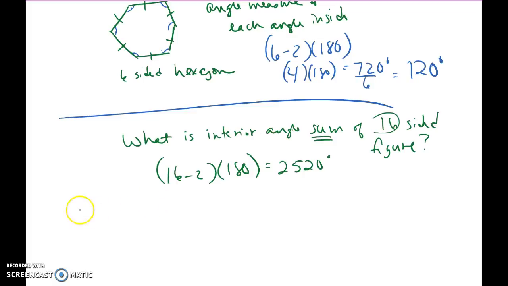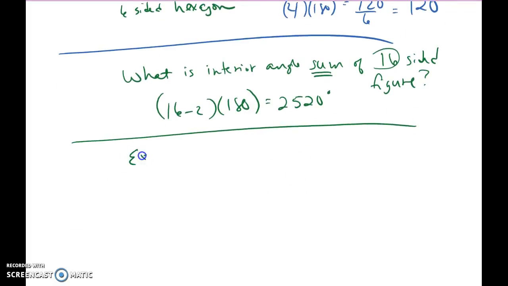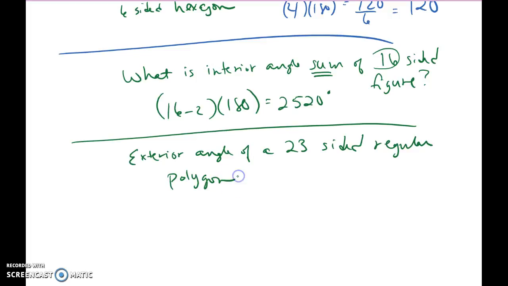What if it says find the exterior angle of a 23-sided regular polygon? Okay, it doesn't say the word sum, so this just wants you to find one angle on the outside.